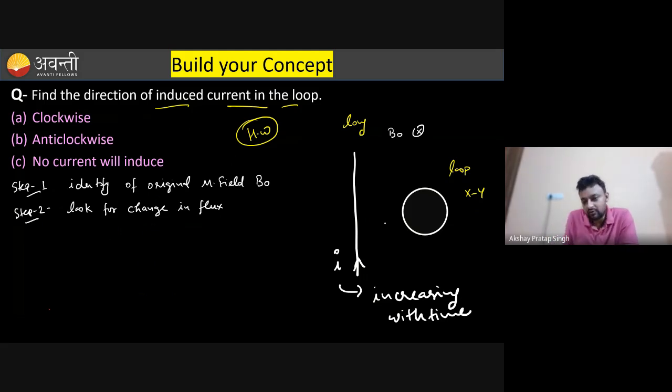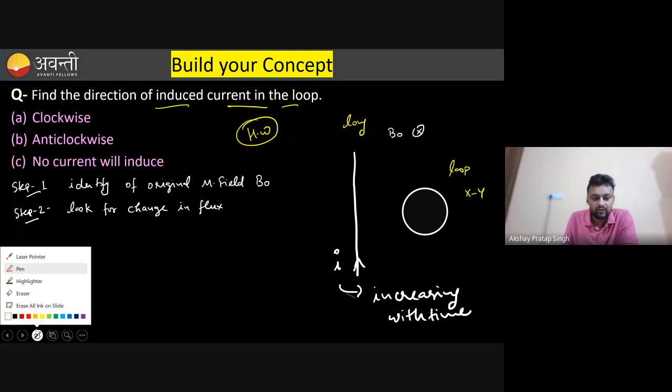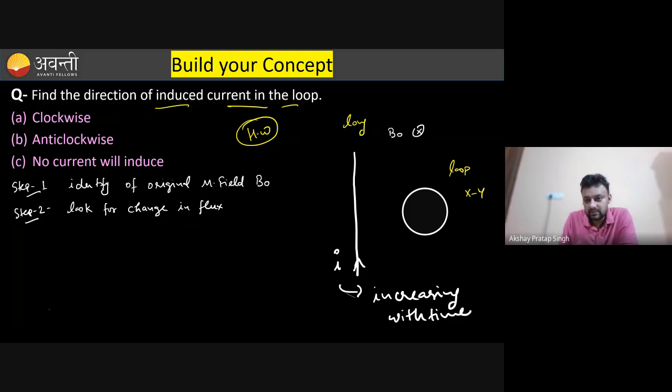So can you see that as this current is increasing, the magnetic field will also increase? And if this magnetic field increases, the flux will also increase.